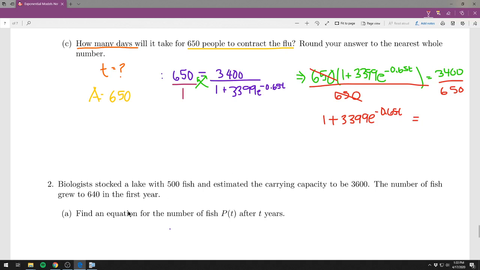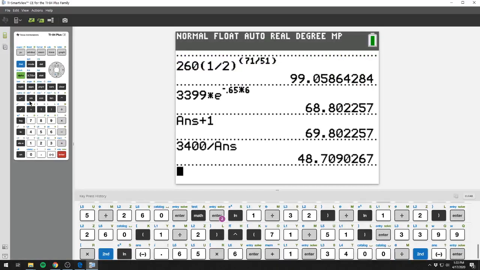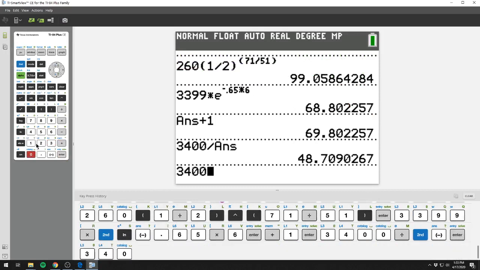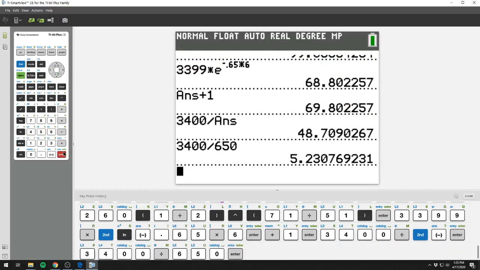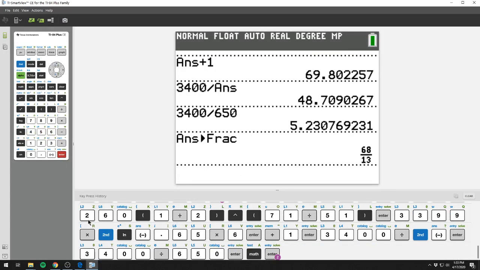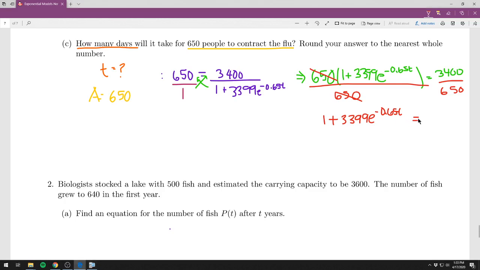equals, and I'm going to do this in my calculator, but like we did before, if this becomes a decimal, I want to save it as a fraction. So we get 3400 divided by 650. A messy looking decimal. If we make it a fraction, we get 68 over 13. I do know that the numbers are much messier than normal, but ultimately it's the same thing. We're trying to get the exponential part by itself.